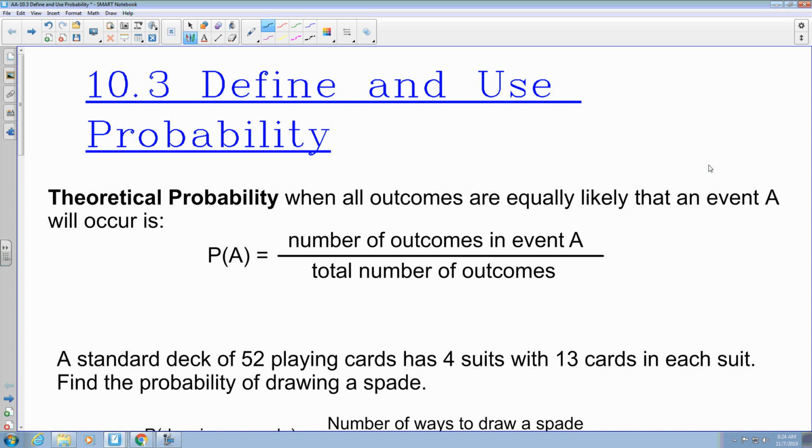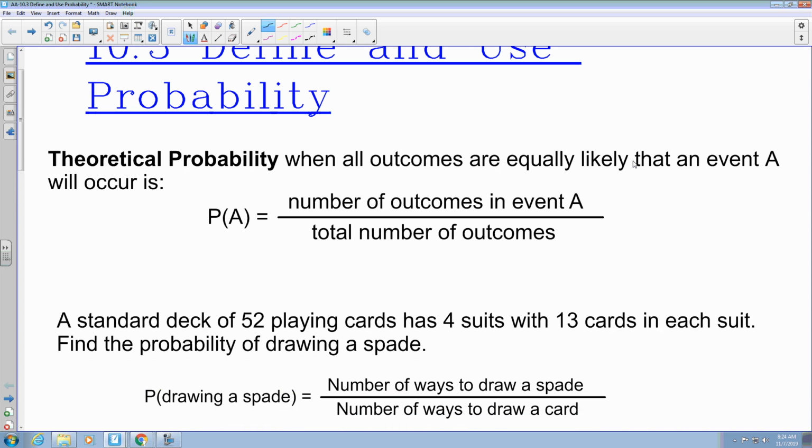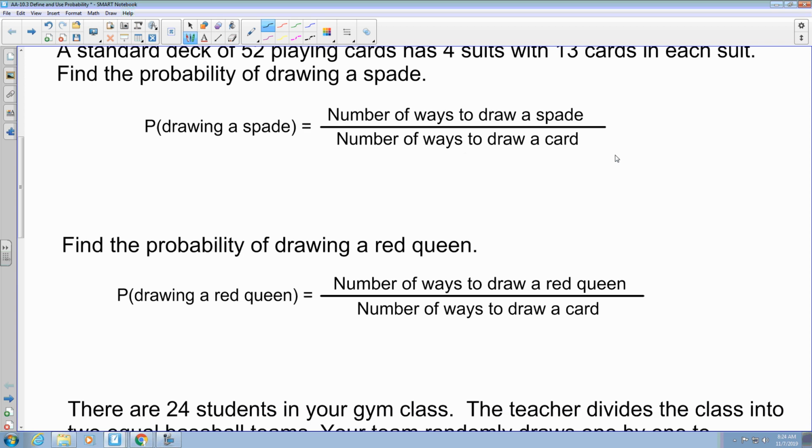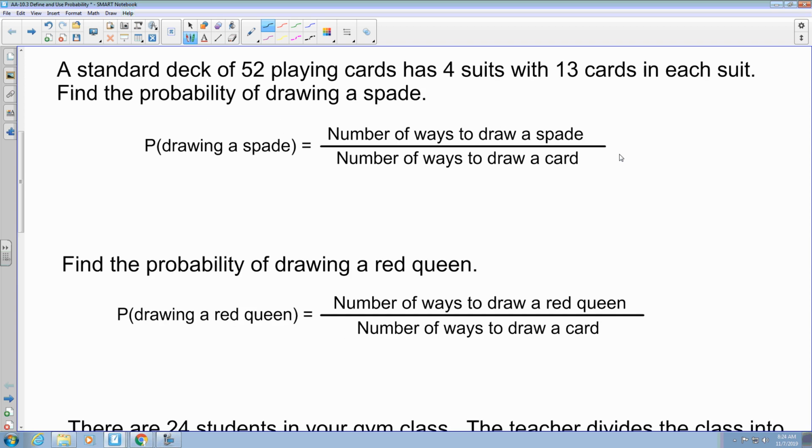The equation for it is the number of successes divided by the number of trials. So, for the first part, we're going to look at theoretical probability, and then we're going to get into experimental probability.